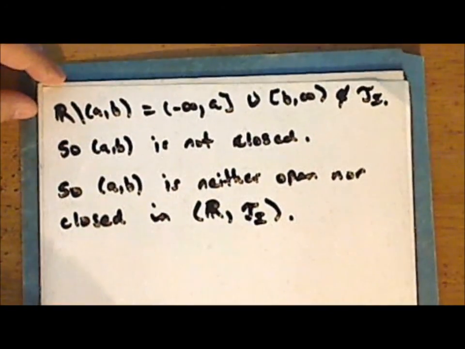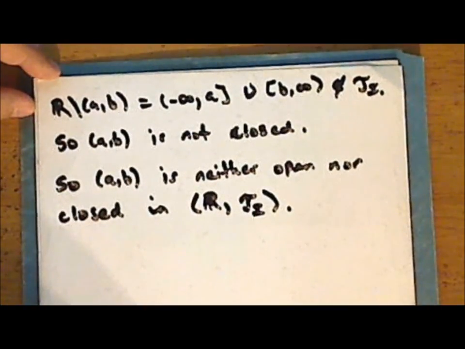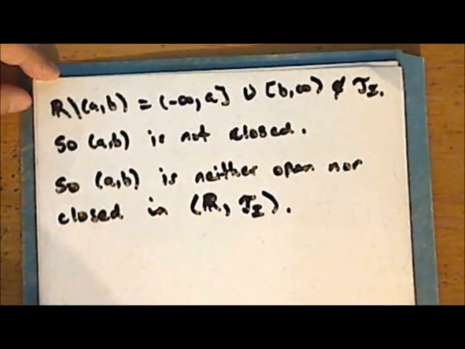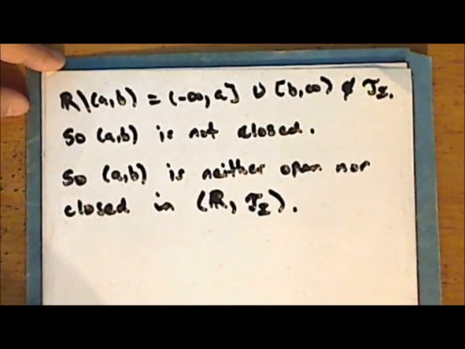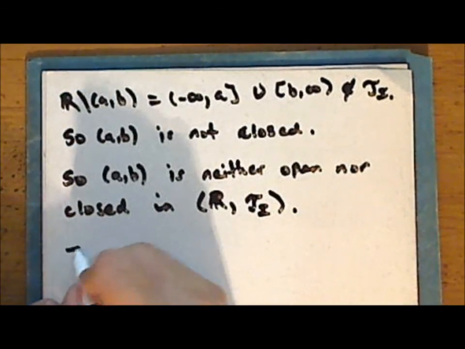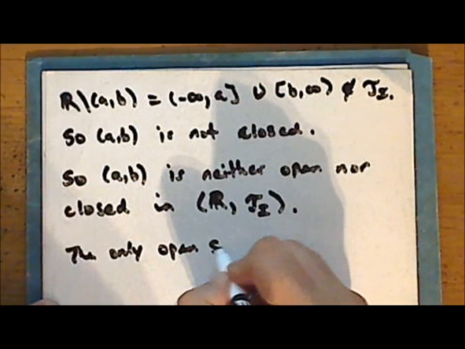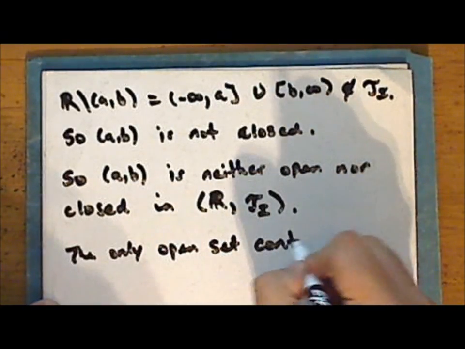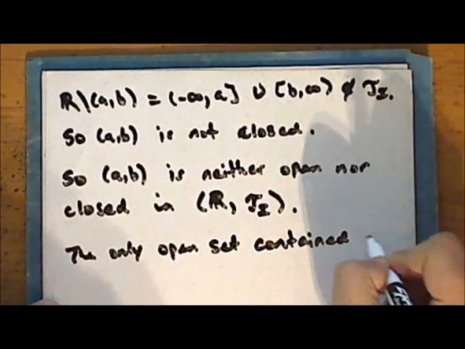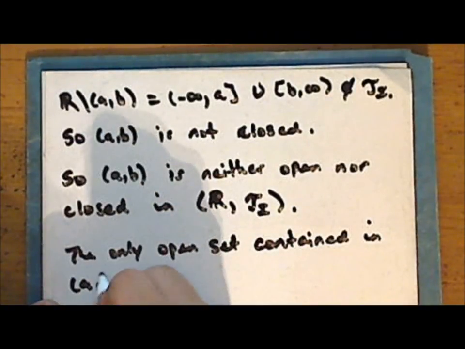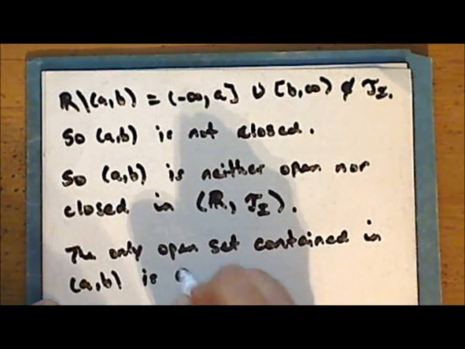So now that we know that this set is neither open nor closed, we need to compute its interior and closure. The only open set contained in the interval is the empty set.